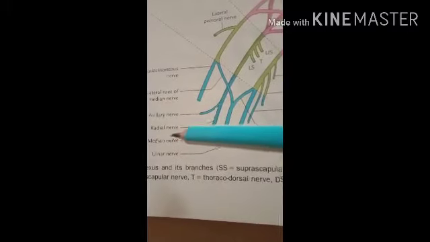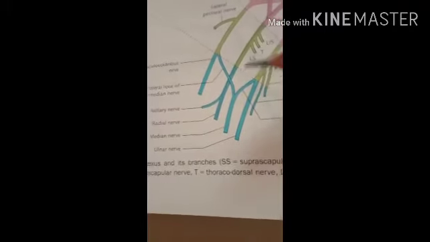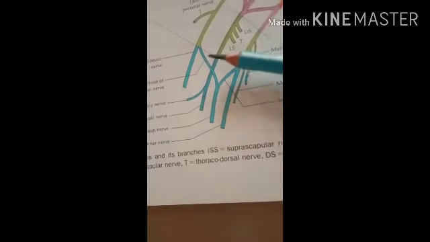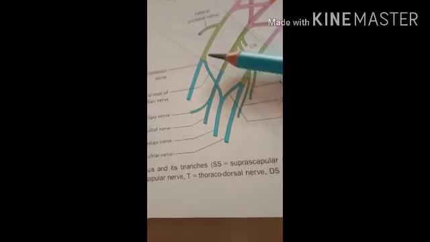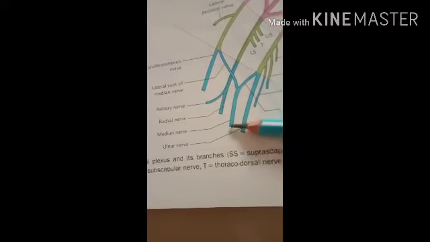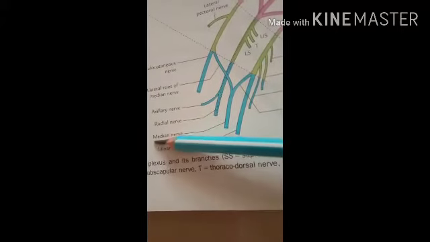After that, the lateral root of the median nerve and the medial root of the median nerve, which come out from the lateral cord and the medial cord, join to form the median nerve.